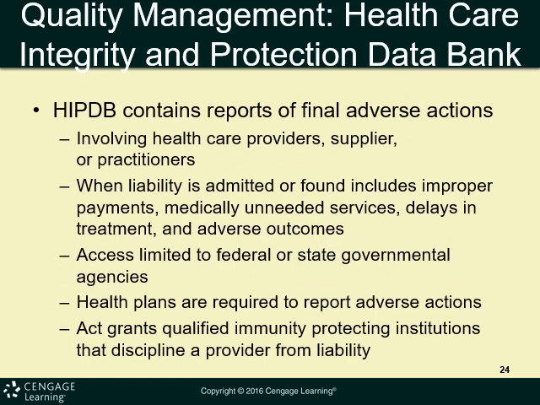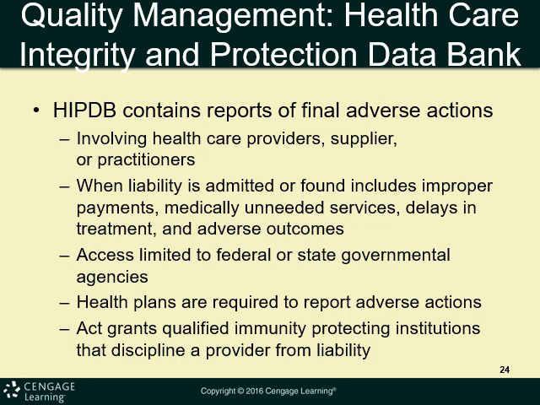Congress also created a national healthcare fraud and abuse database named the Healthcare Integrity and Protection Data Bank, the HIPDB. This is part of the Health Insurance Portability and Accountability Act, and the HIPDB contains reports of final adverse actions taken against healthcare providers, suppliers, or practitioners when liability is admitted or found.